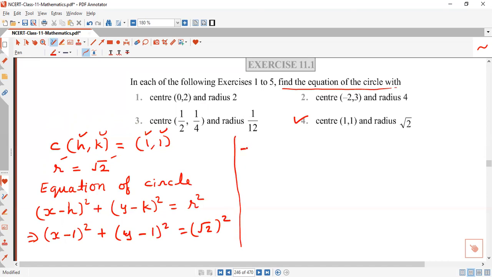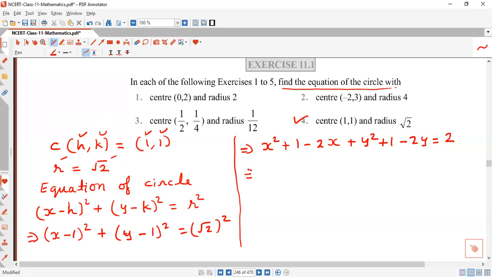If you open this, x minus 1 whole square becomes x square plus 1 minus 2x, and y minus 1 whole square becomes y square plus 1 minus 2y, equal to root 2 square, which is 2.